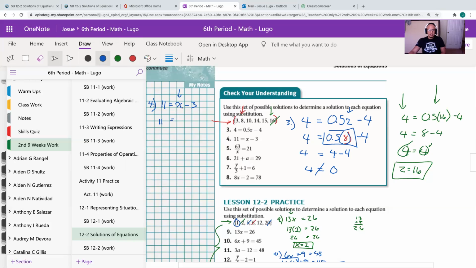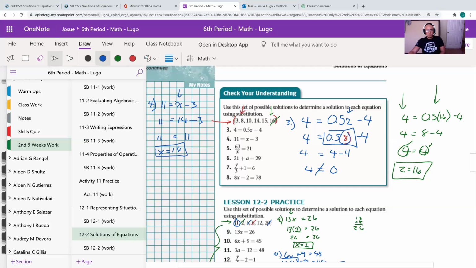Well, I'm going to try 14. I think that one's pretty obvious, because 14 minus 3 is equal to 11. So again, x has to equal 14. Otherwise, this is not going to be an equation. It won't be an equal thing.